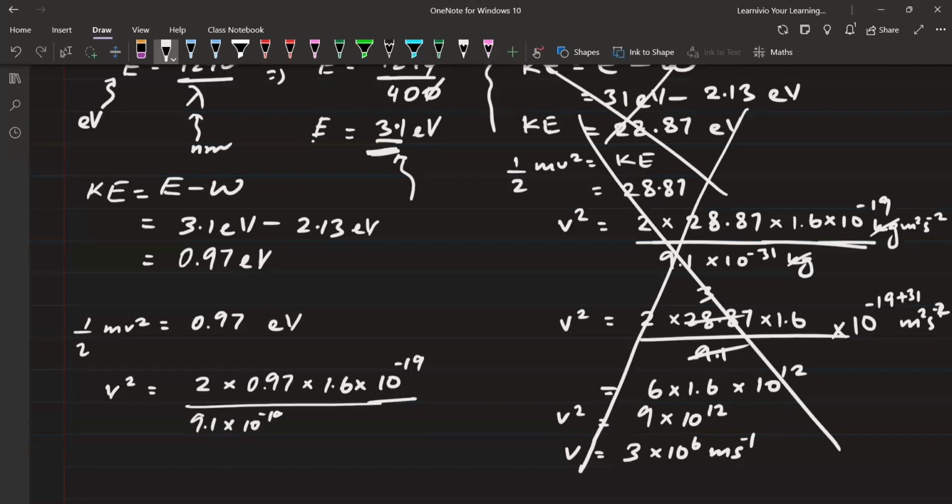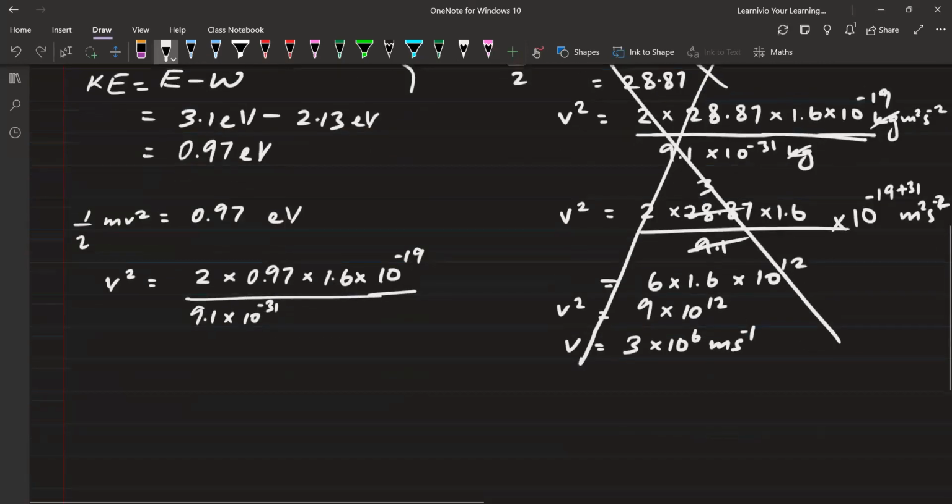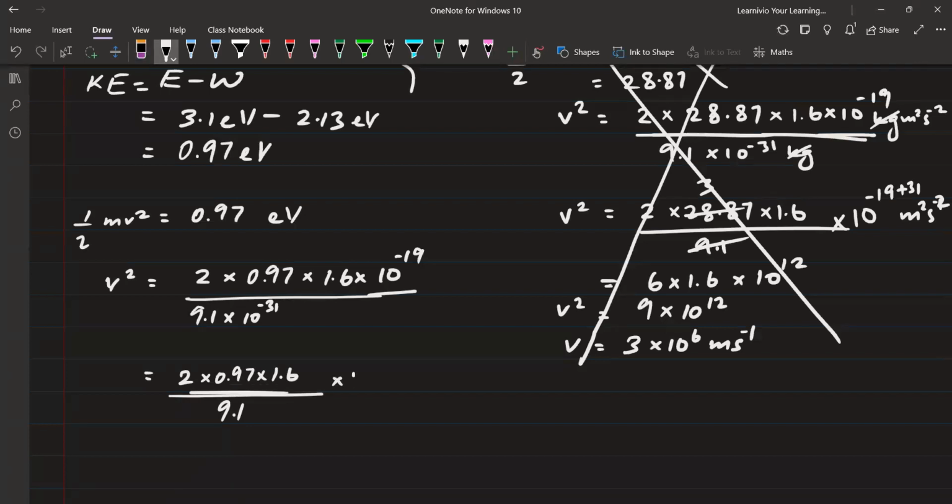Into 10 to the power minus 31. Yeah, that's it. 2 into 0.97 upon 9.1. We have to also multiply 2 into 0.97 into 1.6 into 10 to the power minus 19 plus 31.